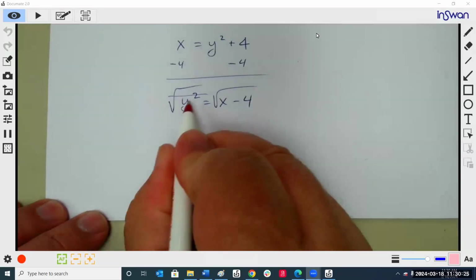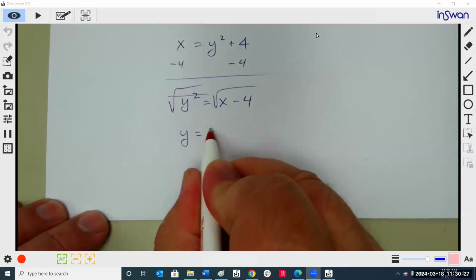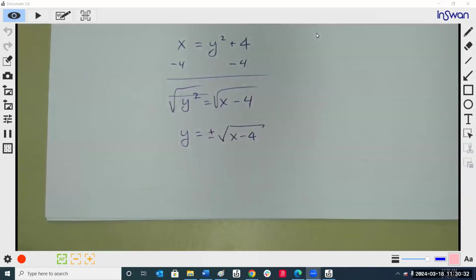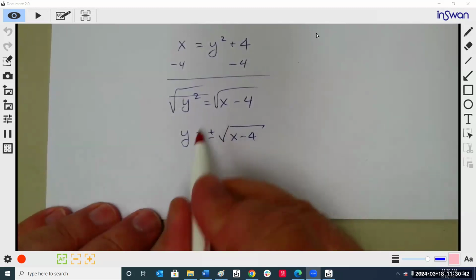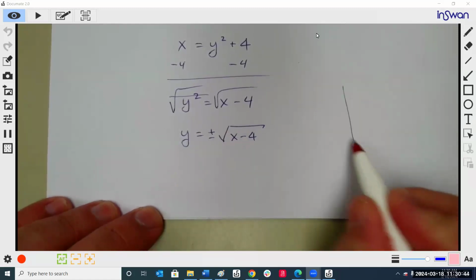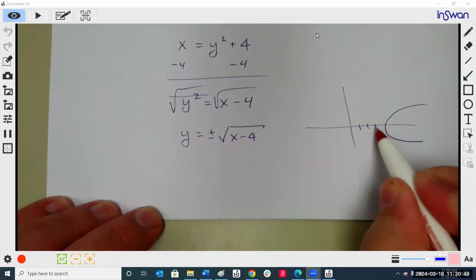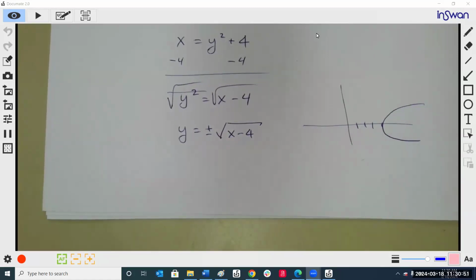But the rule says whenever you square root something that's squared, you have to put a plus or minus in front of the answer. So that's the problem you have. What this graph would look like is like this.